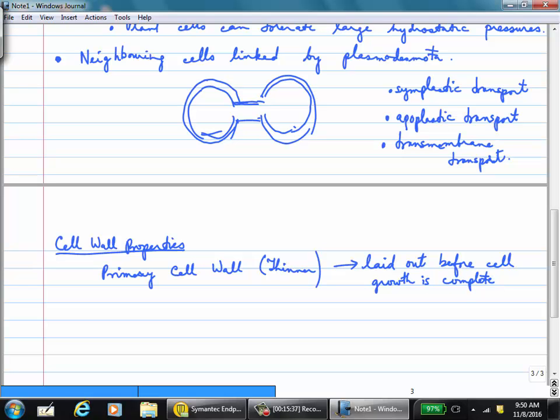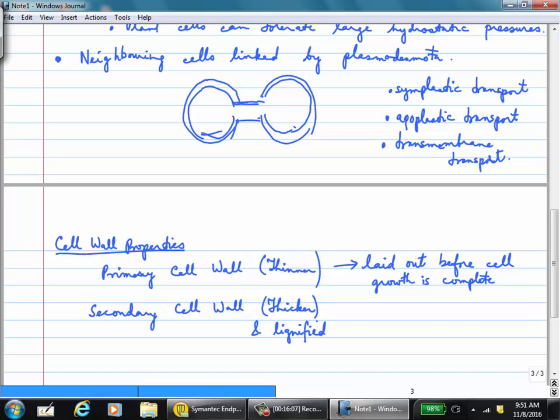Now once the growth of the cell is complete, and it has grown to the right size, then inside the primary cell wall there will be a secondary cell wall, which is much more rigid and also lignified. So the secondary cell wall is a lot thicker and it is lignified.